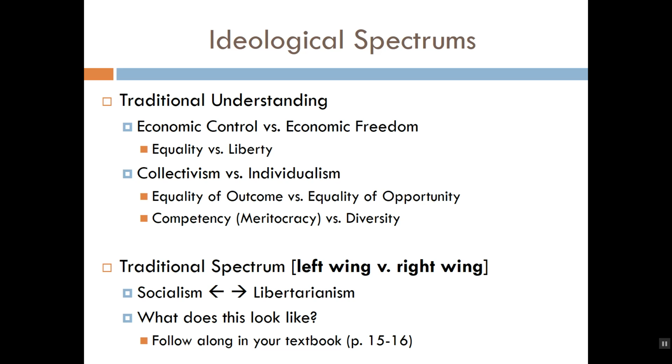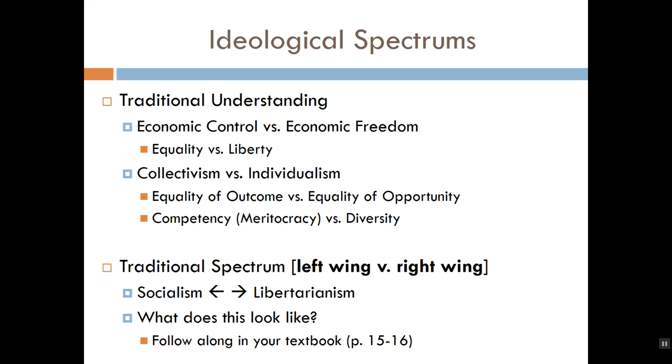Now, I do want to be clear about a couple of things. First, keep in the back of your mind as we move forward that this spectrum oversimplifies the process of formulating political ideologies to such an extent that it's not really accurate. So we're working here with an antiquated model.